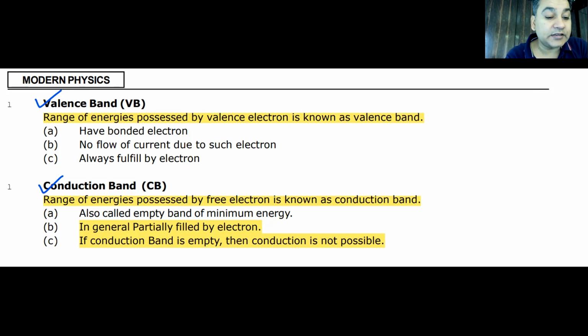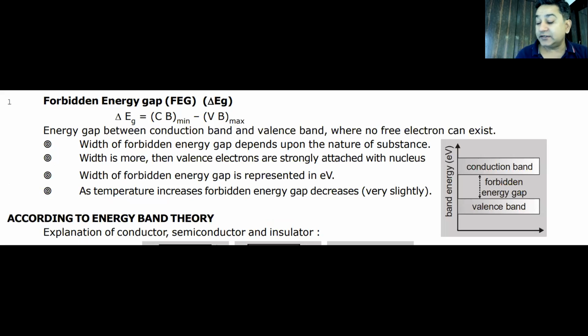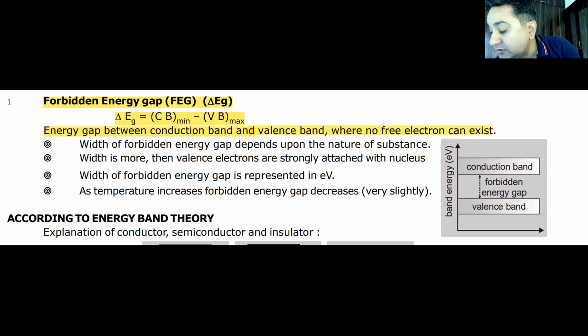That is the energy we are talking about, and you will mark this and note this. This is known as the forbidden energy gap. Do we understand the meaning of forbidden energy gap? This is the difference between the conduction band and the valence band, where no free electrons can exist. The conduction band, as you can see, is higher up. Do you see this conduction band?